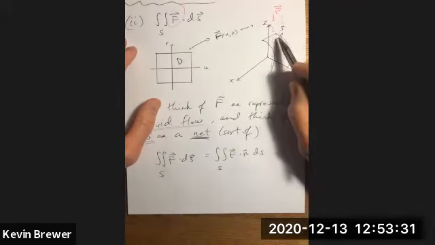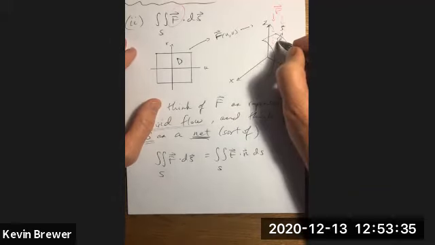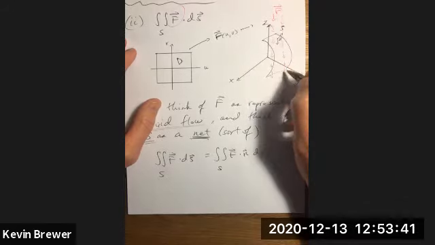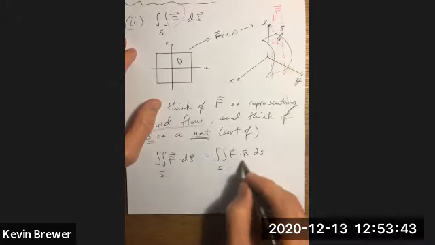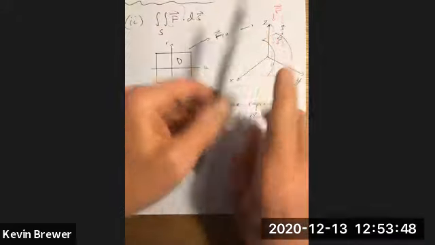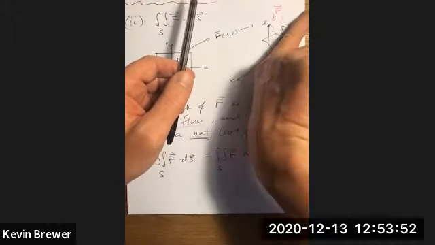If the normal vector is pointing in this direction and the vector field is moving in the opposite direction, then this dot product will be negative, indicating that the normal vector is pointing outward, sort of.